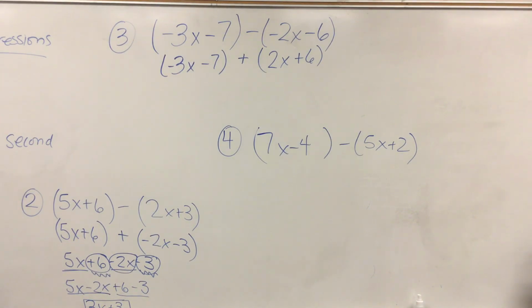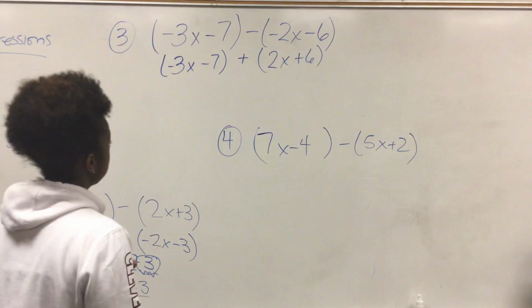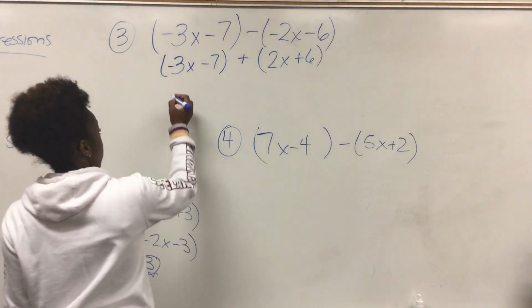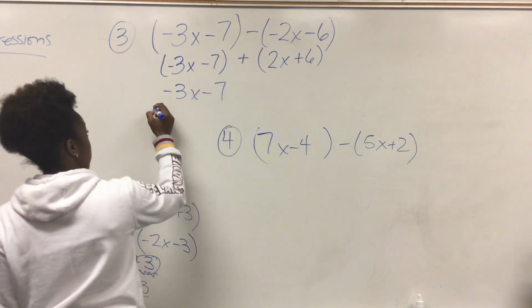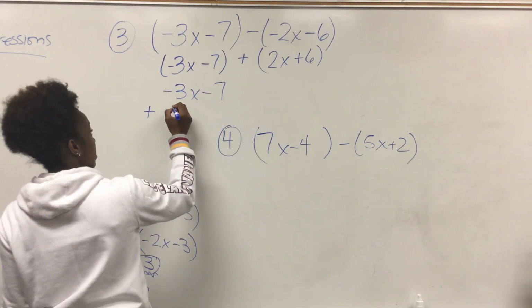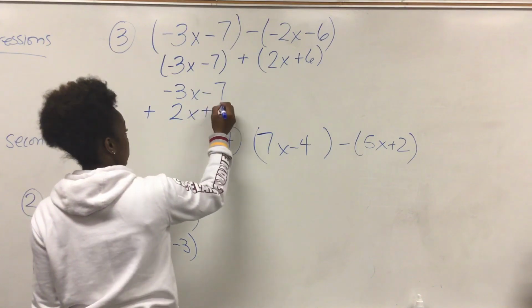Now, since I did drop the parentheses for the last one, for this one I want to do stacking. So I'm going to stack negative 3x minus 7 plus, don't forget your plus sign on the side, 2x plus 6.